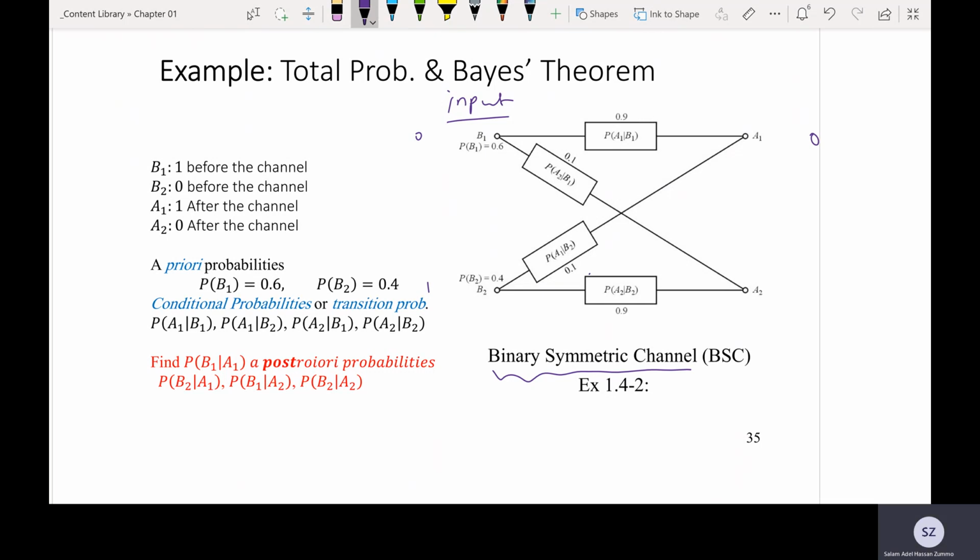So this is the probability that I receive A1 given that I send B1. This is equal to 90%, which means that I don't make an error. I send the 0 as 0, and the percentage of that is 90%, the probability that I receive A1 given I sent B1. So this is the output of the channel.